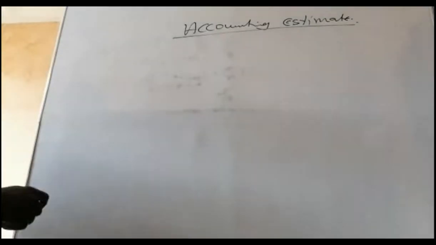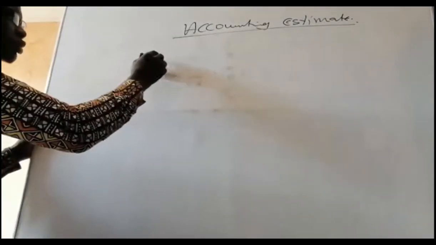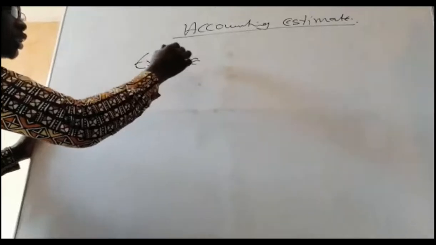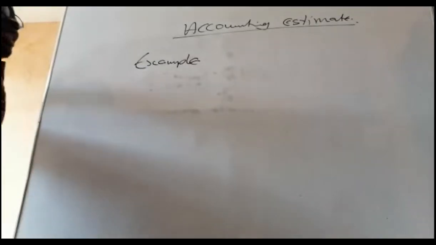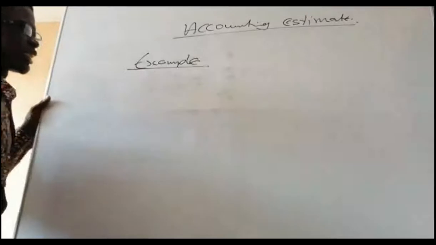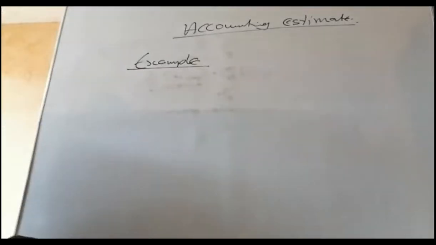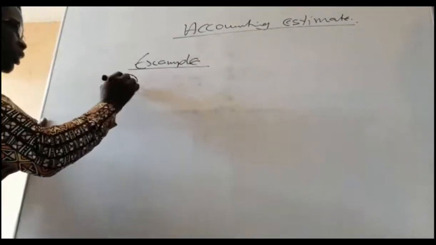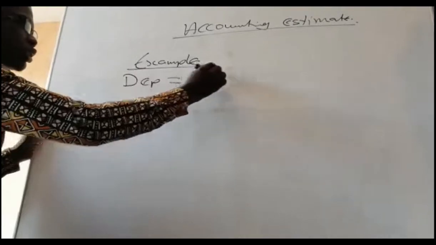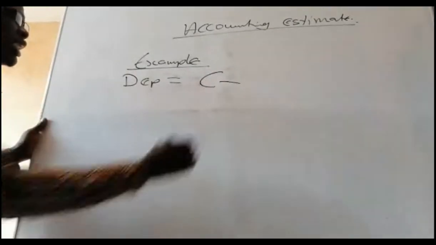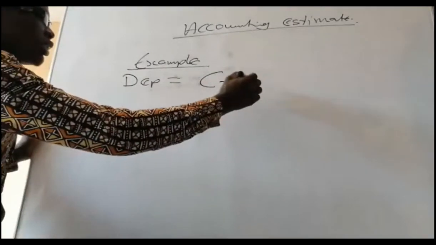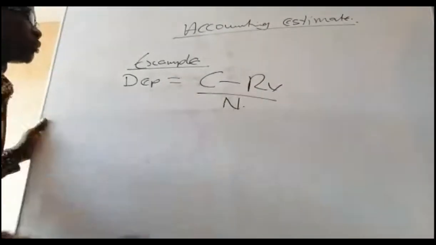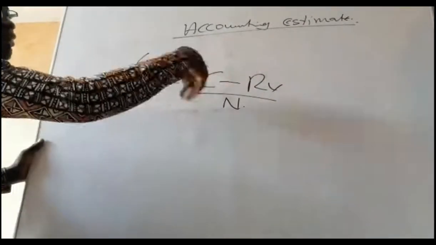So first, depreciation. Everything about depreciation is an estimate except the cost. Let's use the straight line method. Depreciation is equal to the cost less the residual value, divided by the useful life, right? Good.